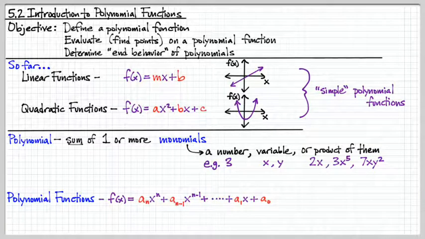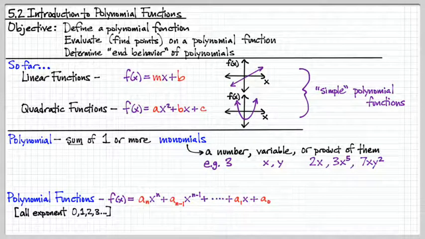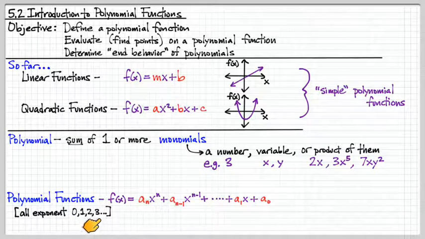So here's how we write out the standard form of a polynomial function. It consists of many terms, or it could consist of many terms. In this case, all the exponents here, n, n minus 1, they are all whole numbers. They cannot be any sort of fraction or irrational number for polynomial functions.